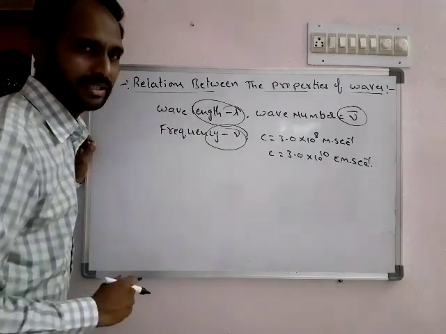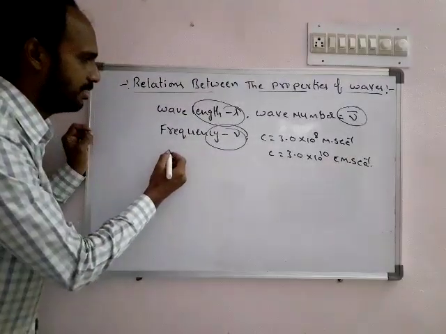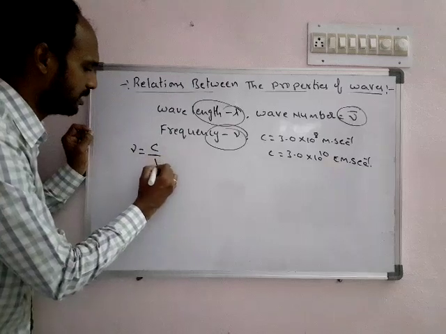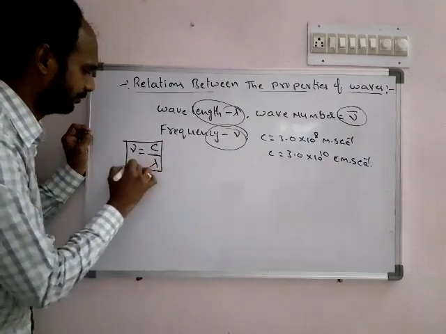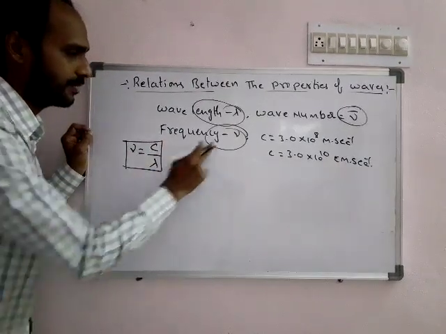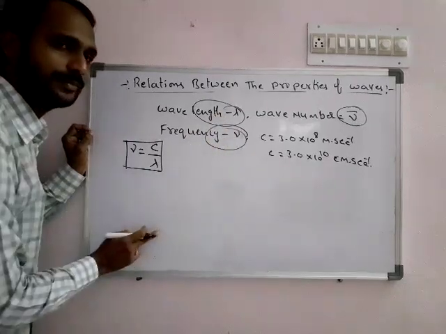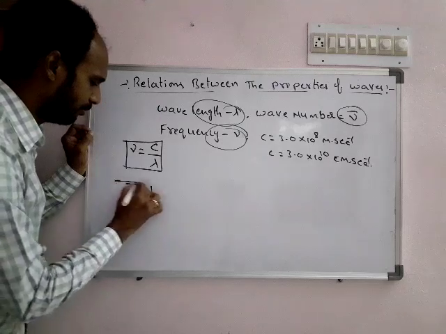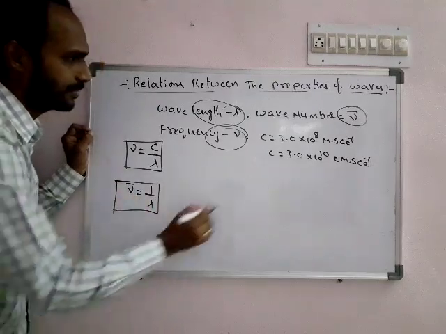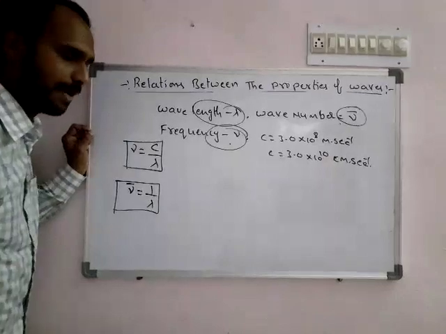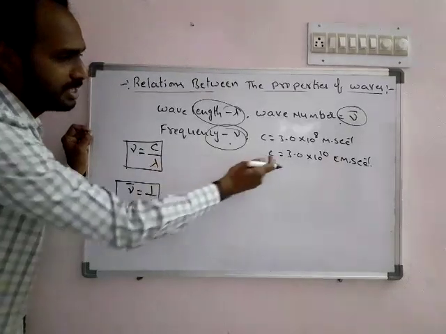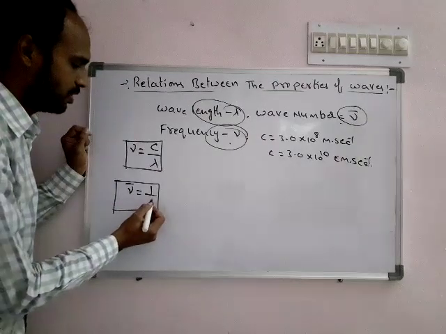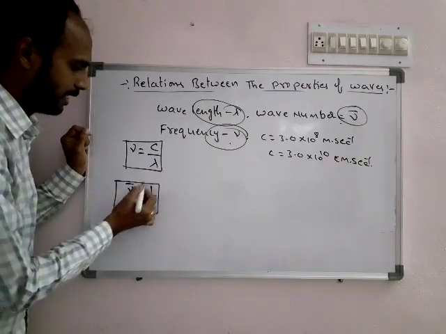and in the calculations. See the wavelength, the relation is nu is equal to c by lambda, relation between nu and lambda. Next, nu bar is equal to always 1 by lambda. So substitute this 1 by lambda in this.